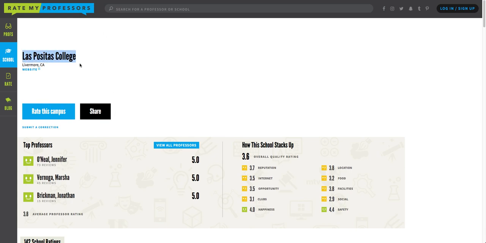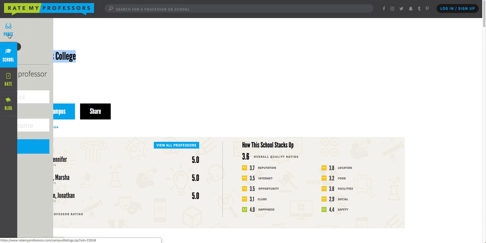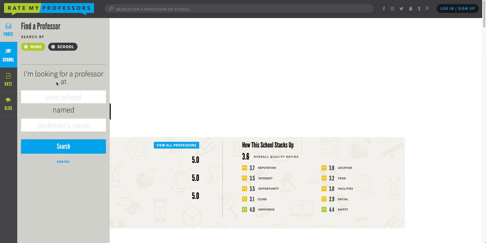So, I finally went to Las Positas College, Livermore, on Rate My Professor, and then you go to the top left corner and click professors, and it'll give you an option of looking for a professor at your school. So you type in your school and then the specific professor name of the person you want to find the ratings of.